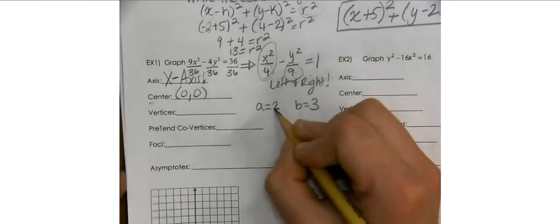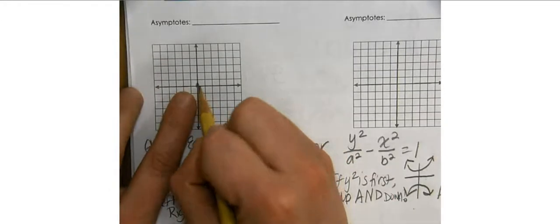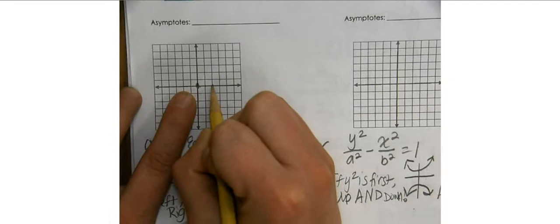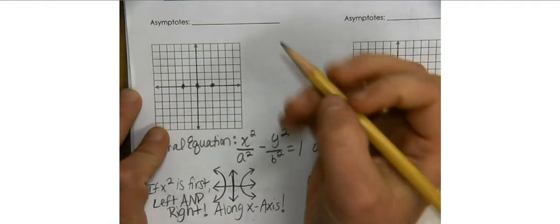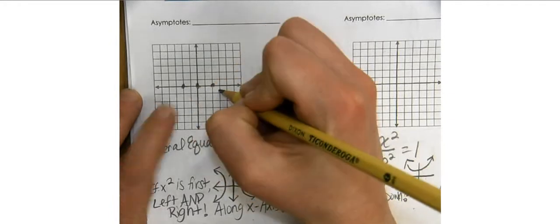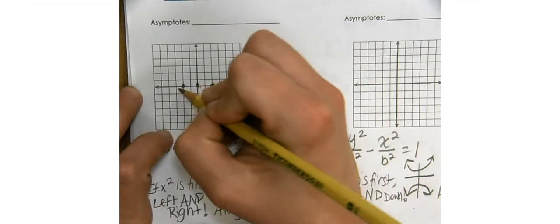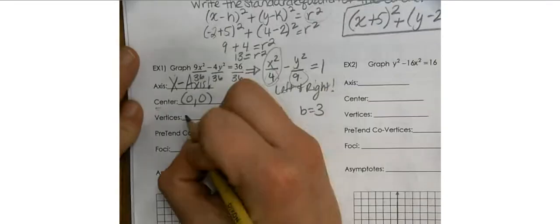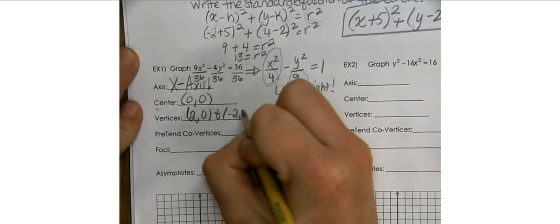So I'm going to start at 0, 0, and count 2 units to the left and 2 units to the right, and come up with those ordered pairs. Those ordered pairs are going to be 2, 0, and negative 2, 0. So those are my vertices, 2, 0, and negative 2, 0.